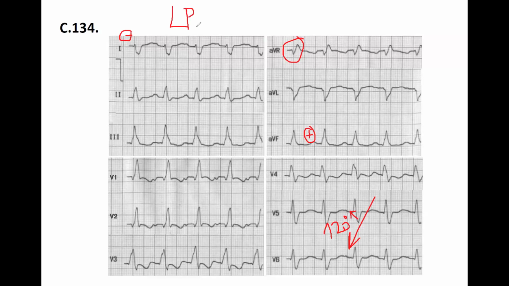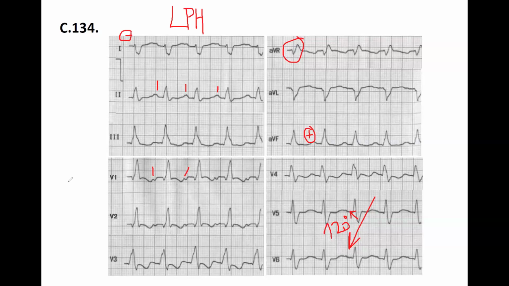Now, next, the P waves. I can see P waves in front of every QRS complex. You can, believe me. If you look at lead number three, where do you find the P wave?